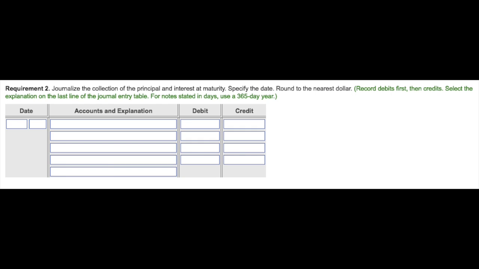So what you're going to do is record the payment of the loan. When the bank records the payment of the loan, it must separate the principal portion from the interest portion. Using the amounts you determined above, journalize the company's collection of the principal and interest at maturity. Specify the date as determined.